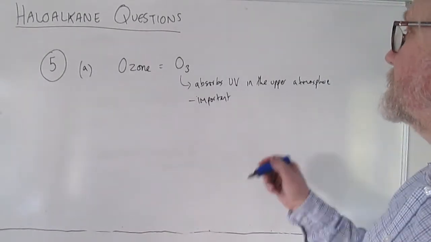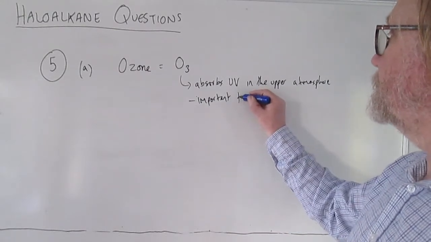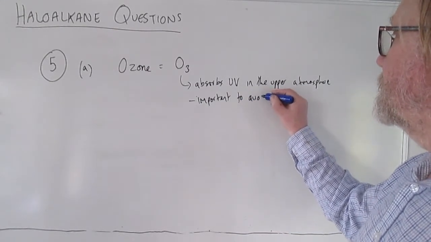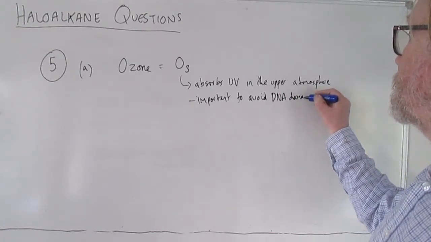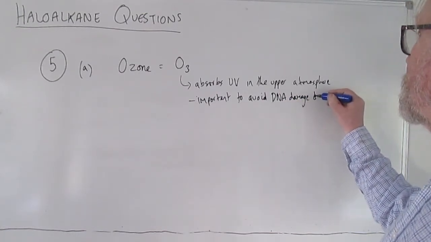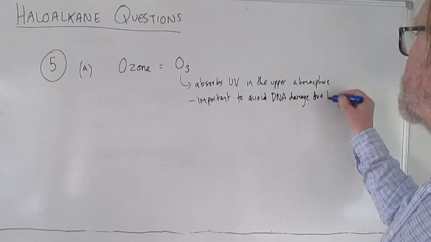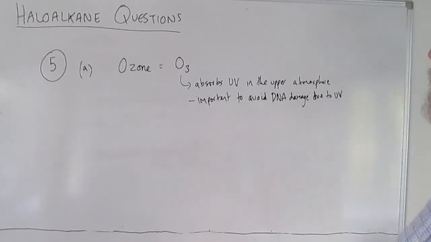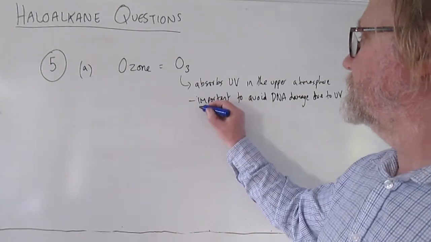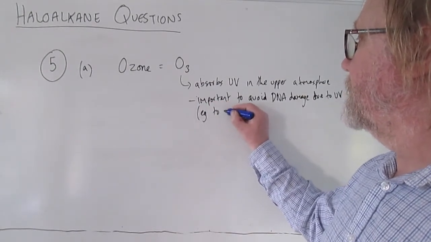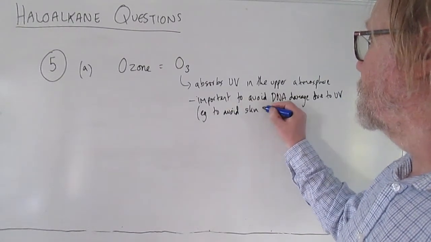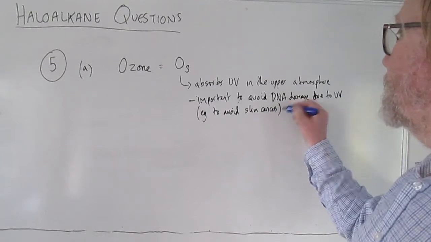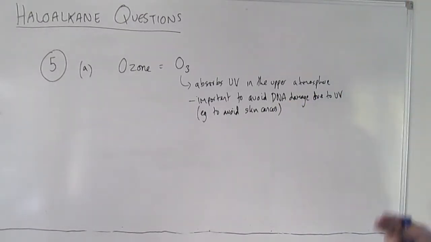So it's important to avoid DNA damage due to UV. And the reason that's important is that it would help us avoid skin cancers. Okay, so that's why we care about ozone.